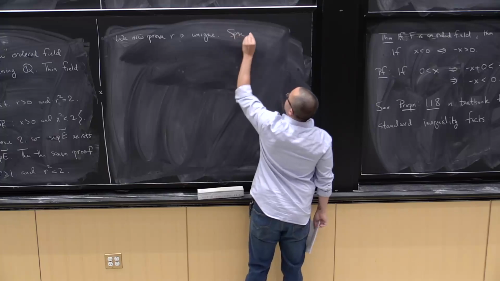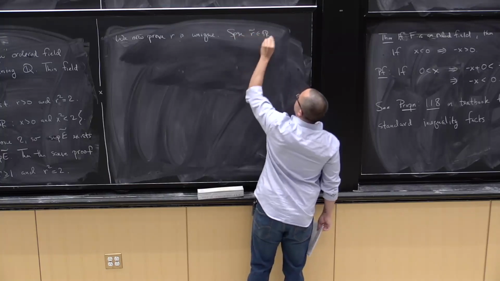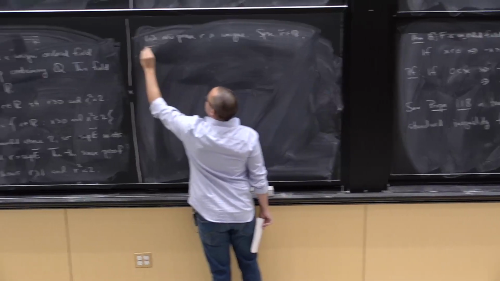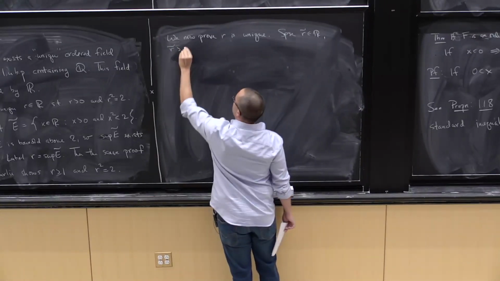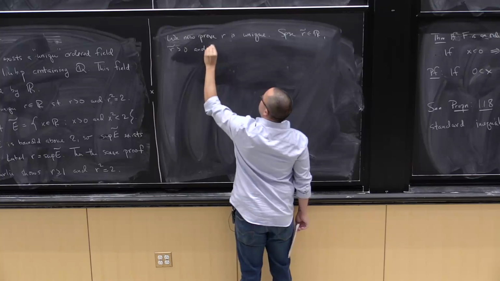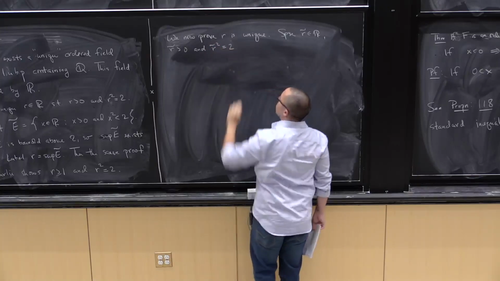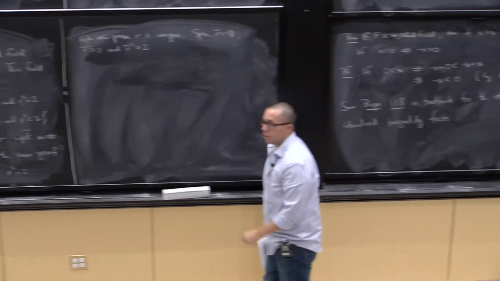So suppose r tilde is in R. r tilde is bigger than 0. And r tilde squared equals 2. Okay?